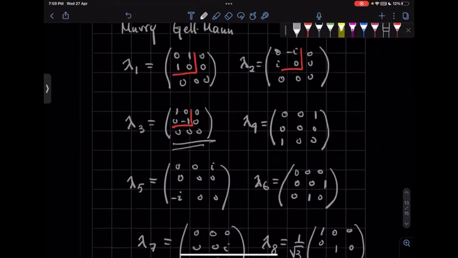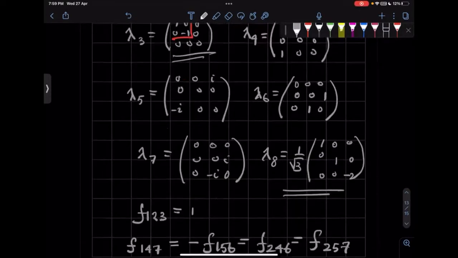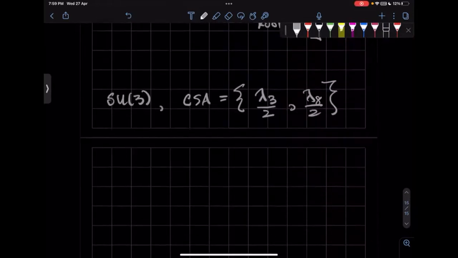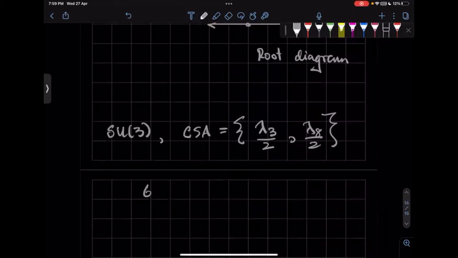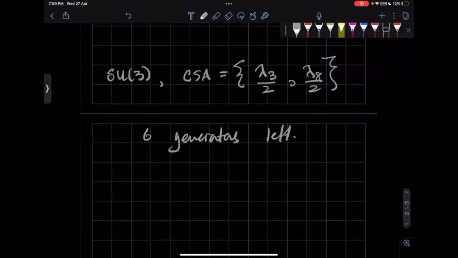Then we have 6 generators left. Let's call them T_A, lambda_A over 2. This is just a normalization.